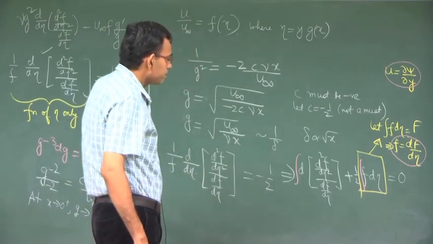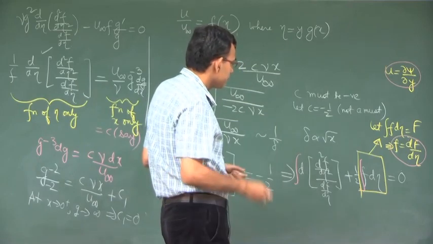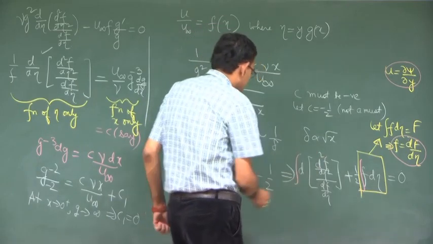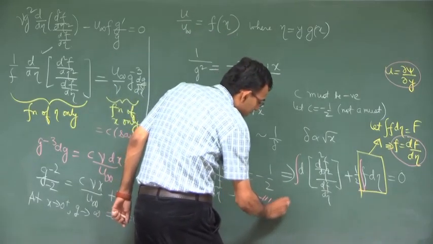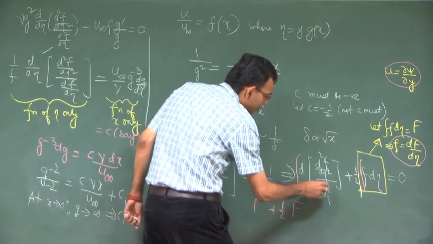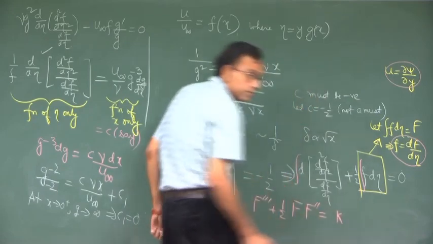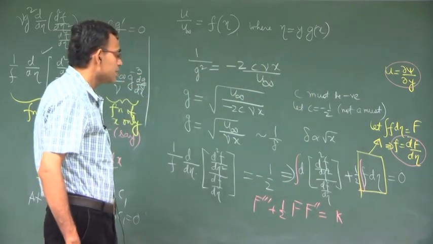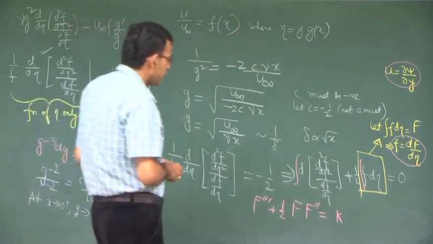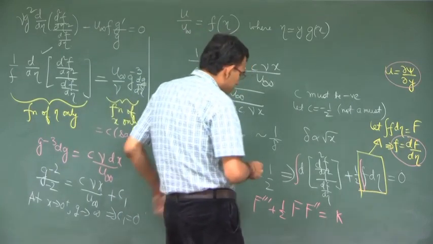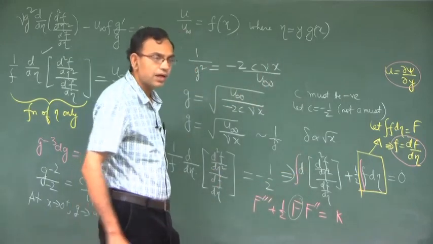So, with this, now you can write, so this will become f triple dash plus half f, this will become capital F double dash is equal to a constant k, right. Question is, what is the value of this constant? So, to understand that value, you have to keep in mind that this is nothing but stream function physically.